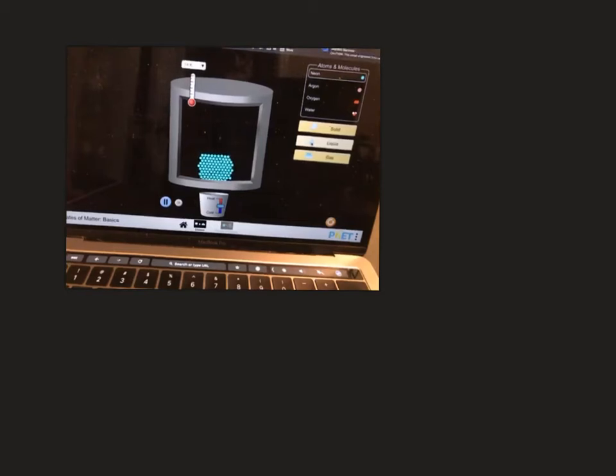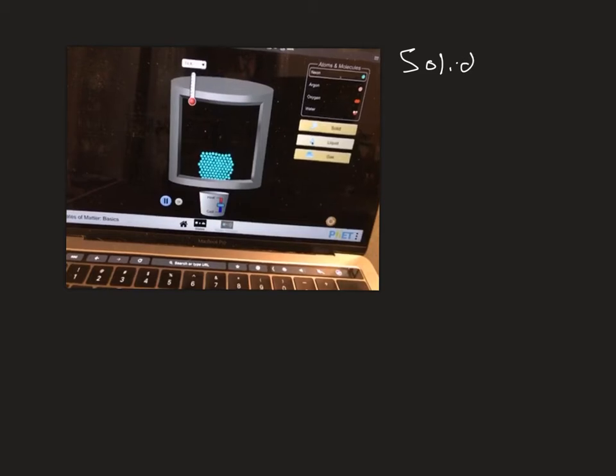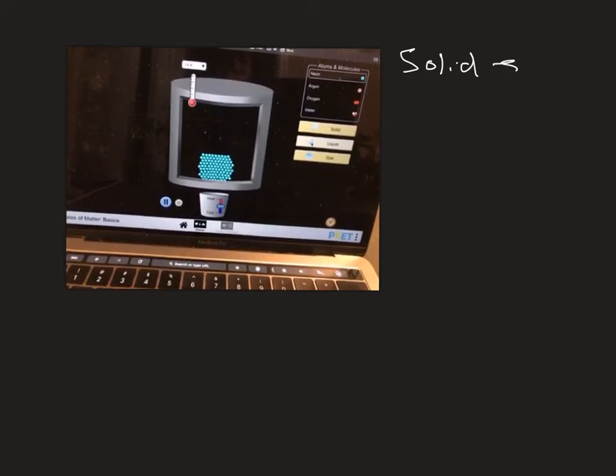Alright, so what we have here is the 3 states of motion. So we're going to start with solid. And you'll notice with solid the molecules are close together.